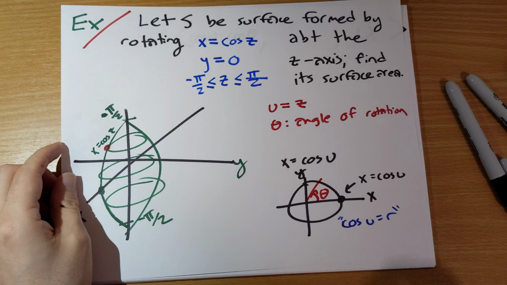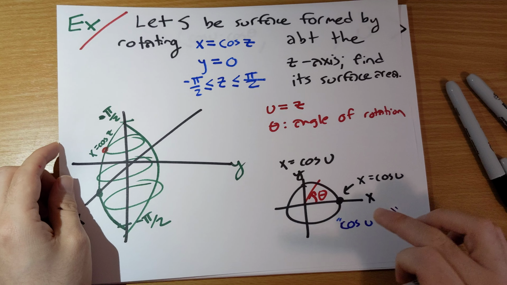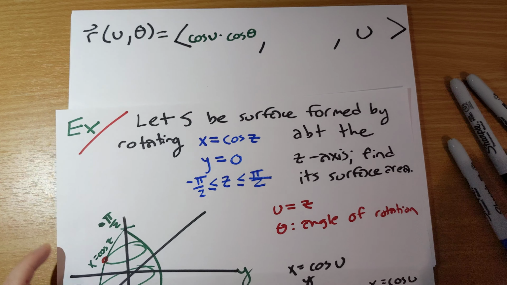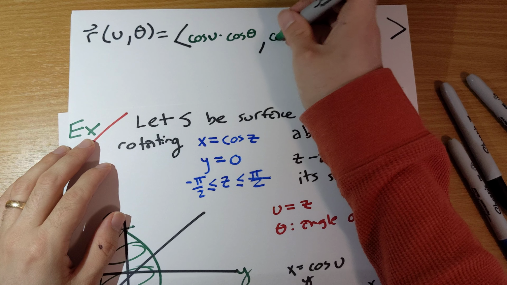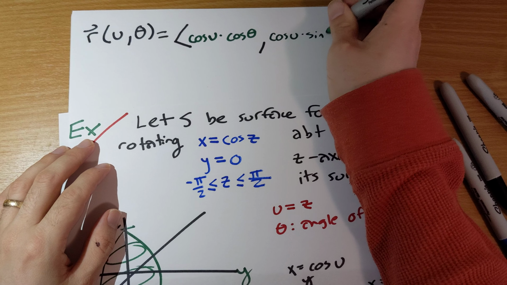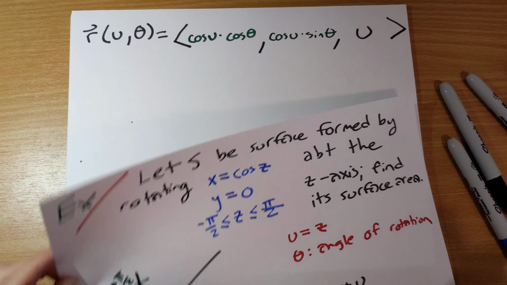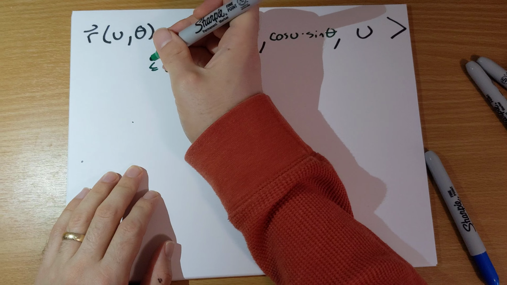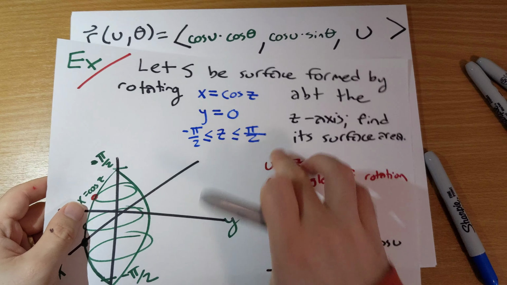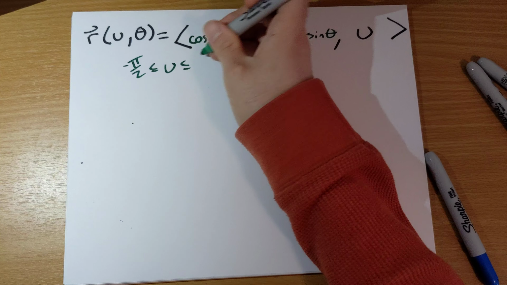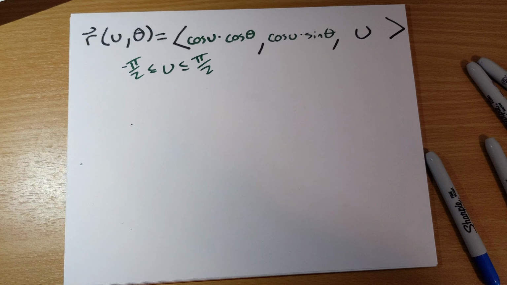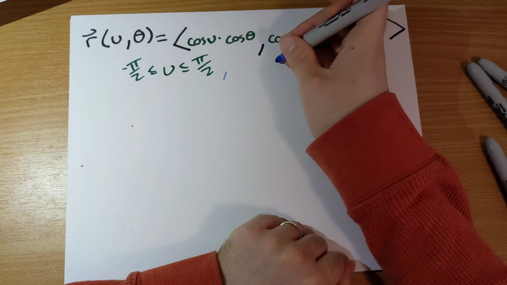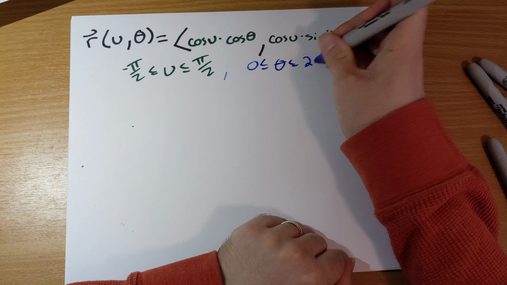It's the distance you are away from the origin on the circle here, and then we multiply by cosine theta and sine theta to get x and y. So y should be cosine u times sine theta. So here's our parametrization. What are the bounds here? U is z. We know z runs from negative pi over 2 to pi over 2. Theta is a trip around the circle, so theta runs from 0 to 2 pi.